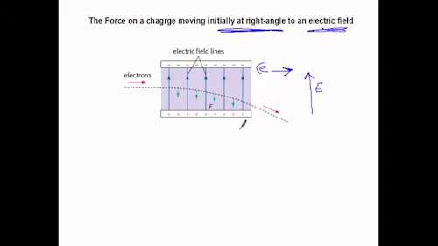What will happen here? When the electron enters the field, it will be affected by a force, which is the electric force. This is the electric field strength, and this is the charge of this particle, the electron. Where will be the direction of this force?